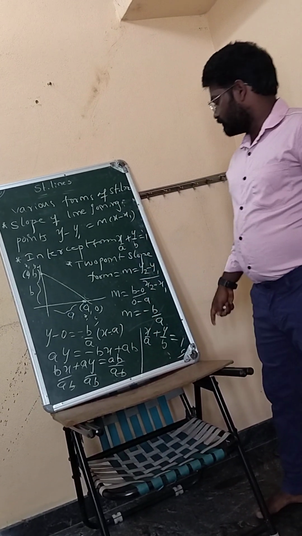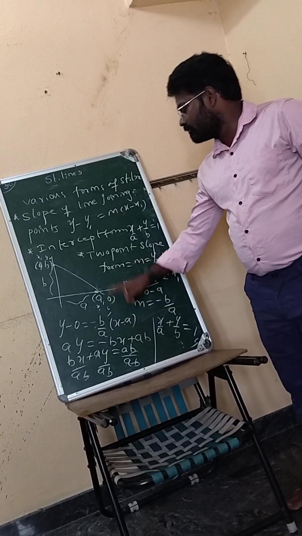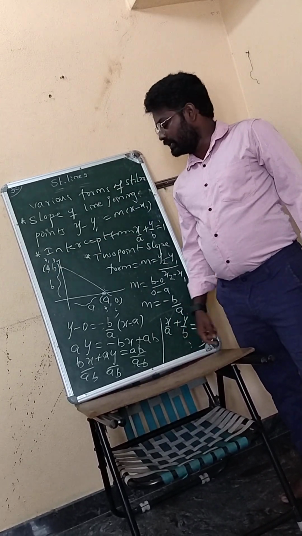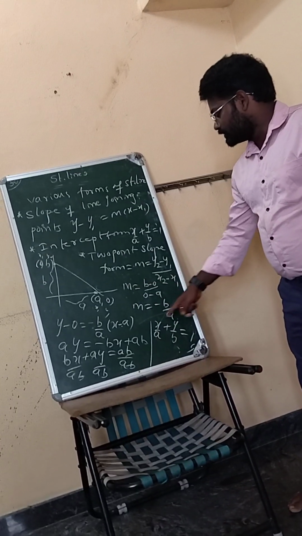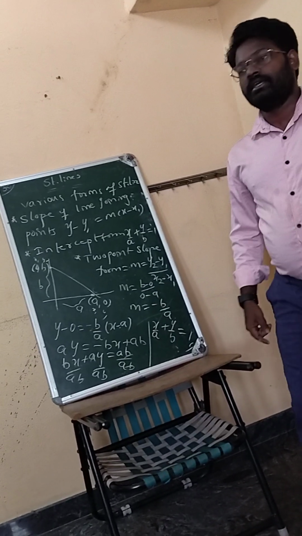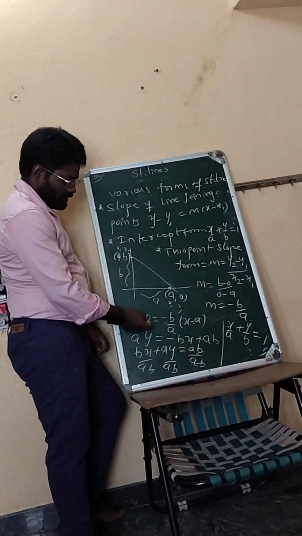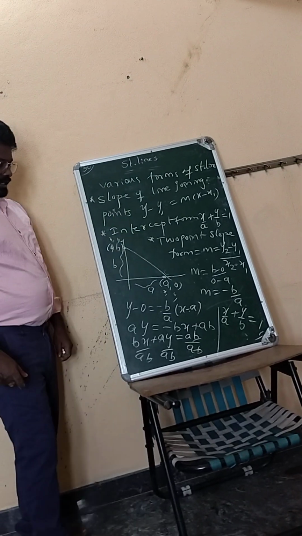Then can you draw that one? And apply point P, x1, y1. Suppose point Q, x2, y2. A comma 0, 0 comma b. And substitute this one, m equal to minus b by a. Once you observe that one, here what is the value of y1? 0. And x1, a. Substitute here.